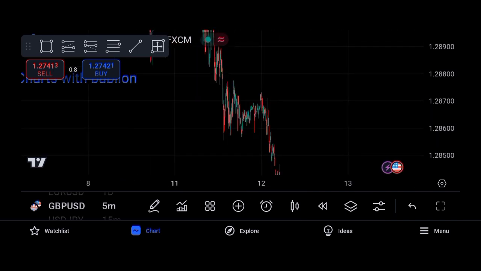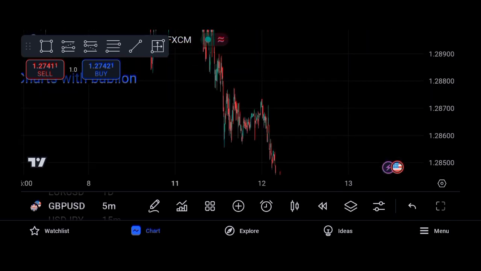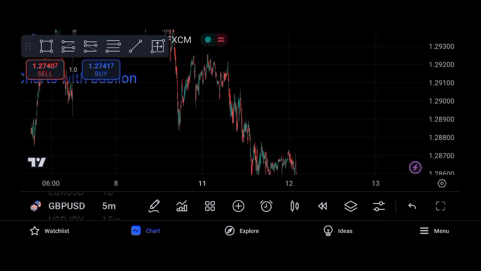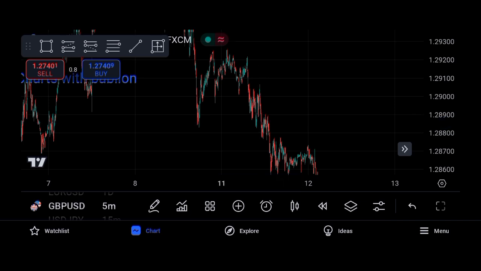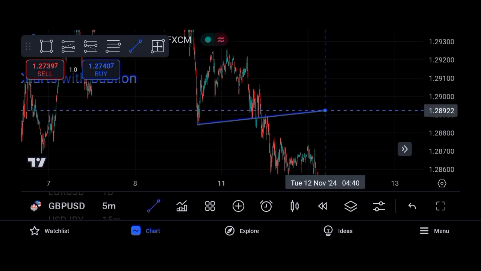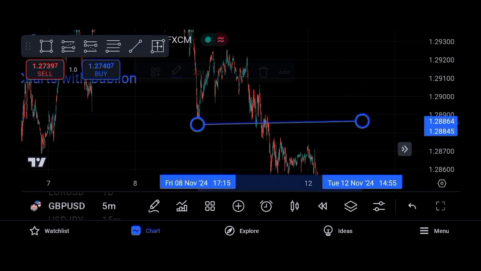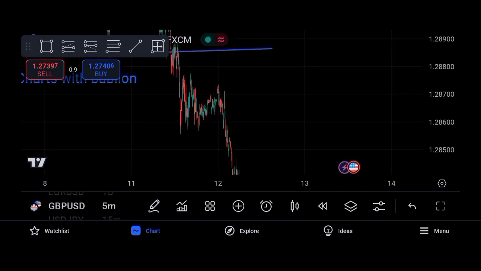You can see right here when the market breaks a major low, then expect it to create lower lows. The market has broken this low right here. Let's take this. The market broke out this low, and as it broke out this low, we're expecting lower lows to be created.